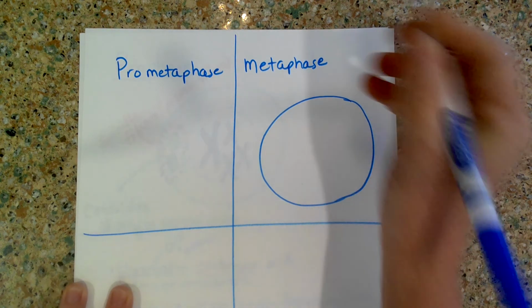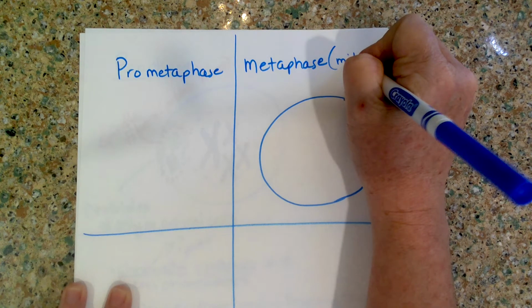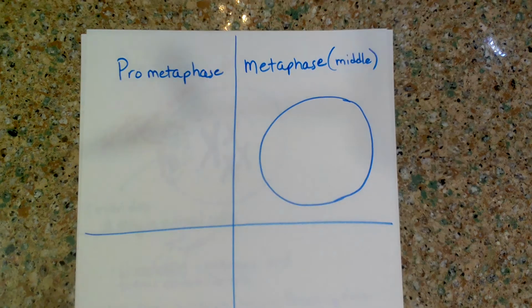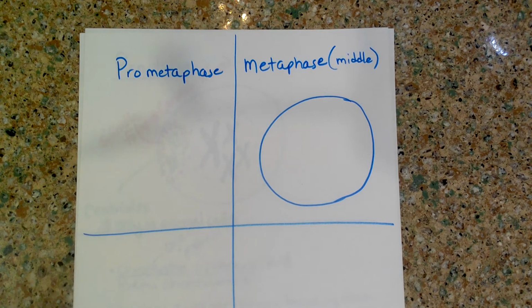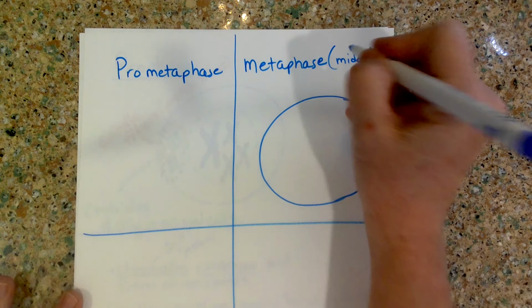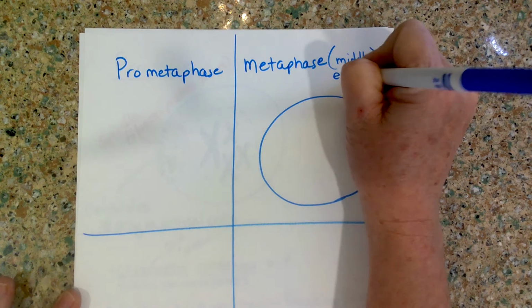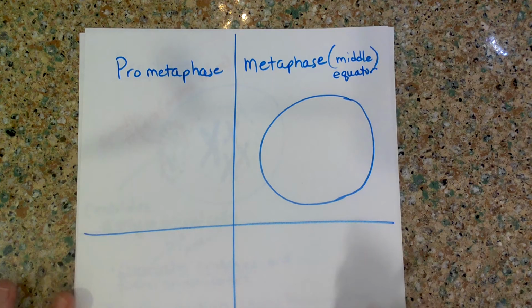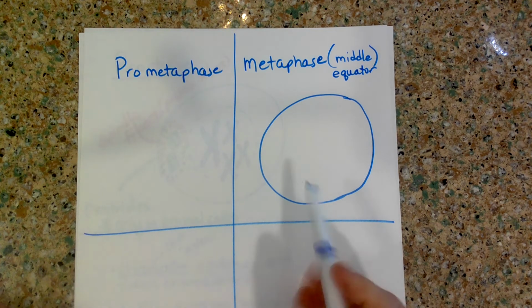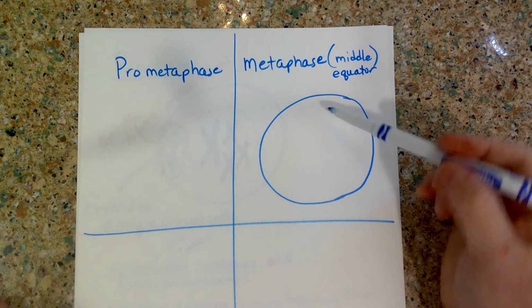Okay, metaphase, little hint word to help you, is called middle. All right, so in metaphase, it's when your chromosomes are going to line up in the middle, and the middle of the cell is kind of like what we call the middle of the earth. So if I was to draw a dotted line down the earth, the middle, I would call it the equator. Now, depending on how you're looking at a cell, the middle can be this way, this way, this way, whatever.